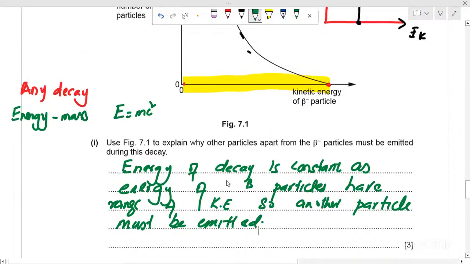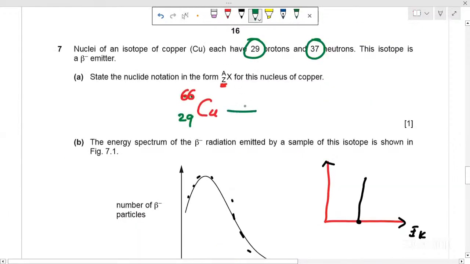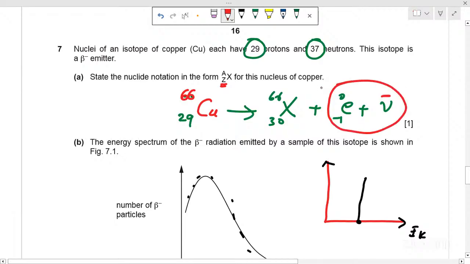If I write the equation of this decay, this copper is a beta emitter, and for example X is formed, and beta negative is -1 and 0. So this must be 30 and that is 66. Apart from this beta negative, as you know that beta negative is a particle, an antineutrino must be emitted. These two particles share energy between themselves.